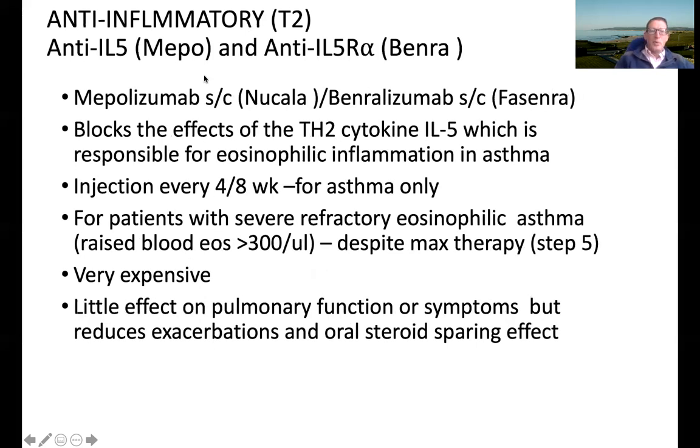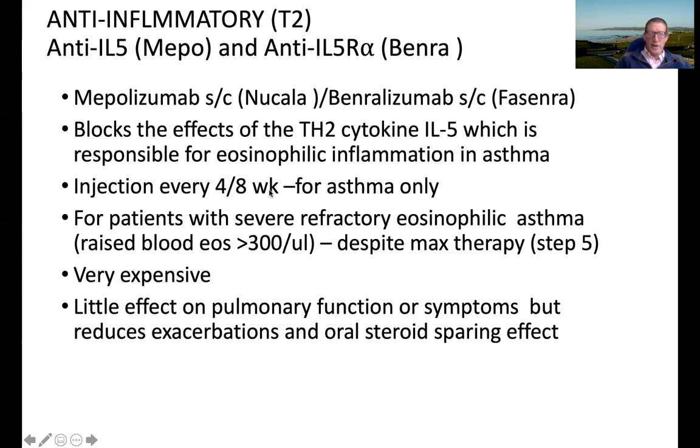The next example would be those that block interleukin-5 or the interleukin-5 receptor. The drug which blocks the IL-5 ligand is called mepolizumab, and the drug which blocks the receptor is benralizumab, which go by the names Nucala and Fasenra, respectively. So interleukin-5, as you know, is a come hither for eosinophils, so this melts away eosinophilic mucosal inflammation in asthma and in the blood.